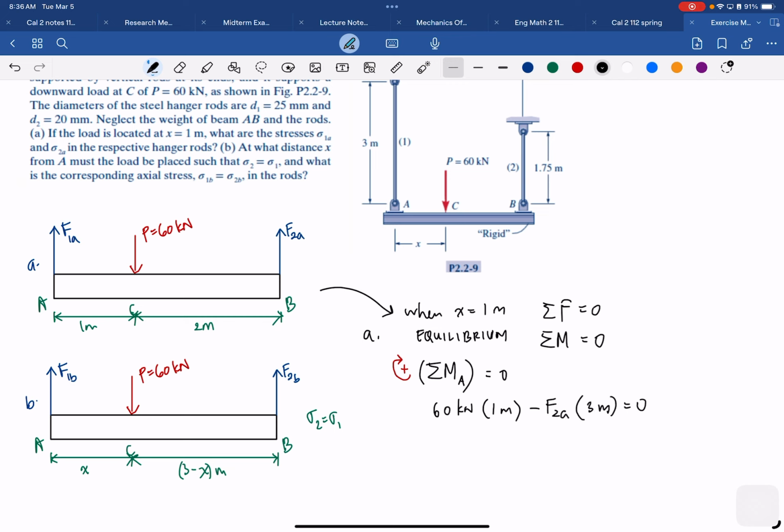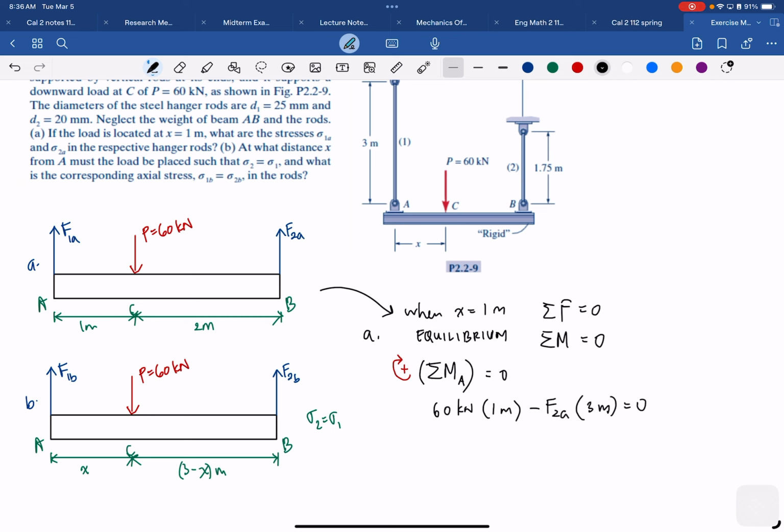So area is, what is the diameter? 25 and 20. Or maybe going directly into the solutions is not a bad way. So let me write the sigma directly.